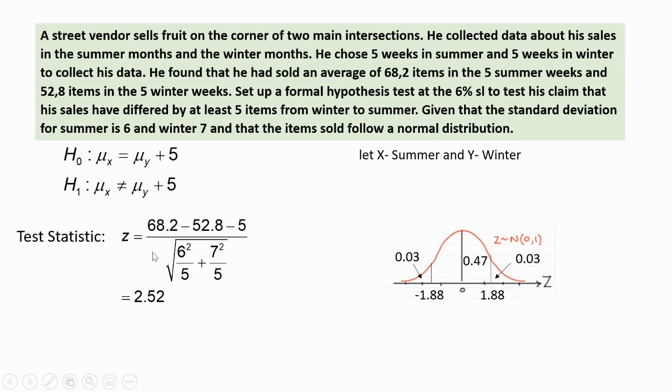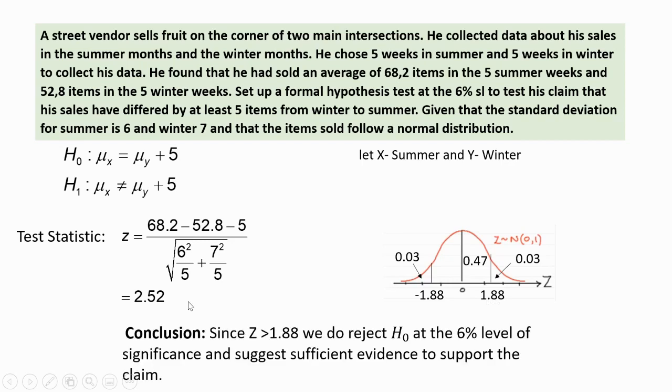The test statistic uses the other formula, so I go 68.2 minus 52.8, minus my mu x minus mu y, which is 5. I fill in my values and I get my test statistic. This value compared to that is bigger. What does that mean? It means that we can reject the null hypothesis at a 6% level of significance and suggest sufficient evidence to support the claim.